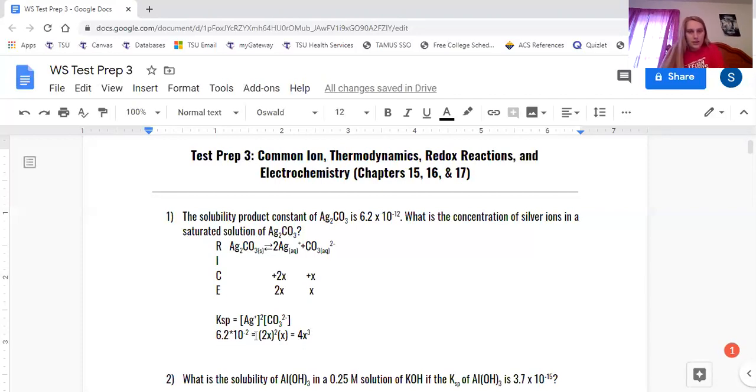So whenever you solve all of this out, you end up with x equals what?